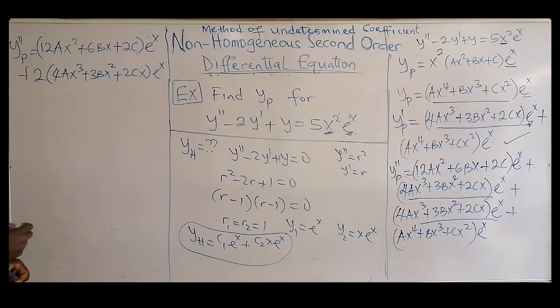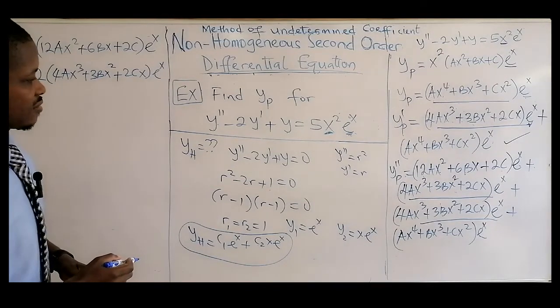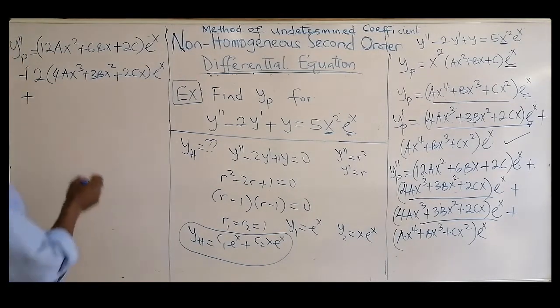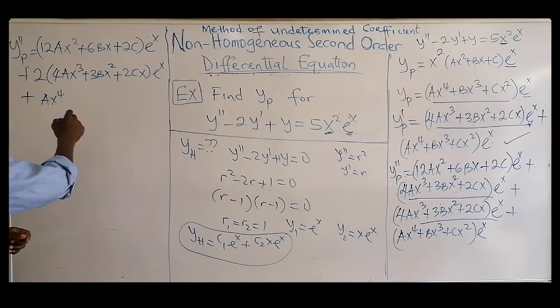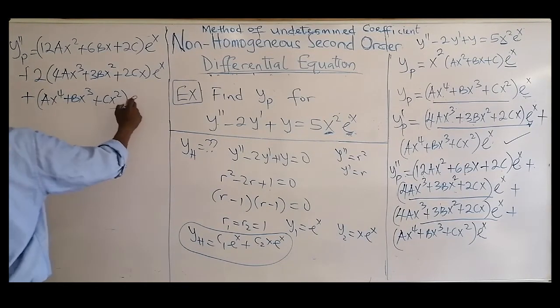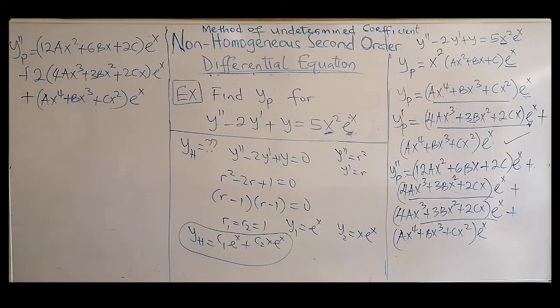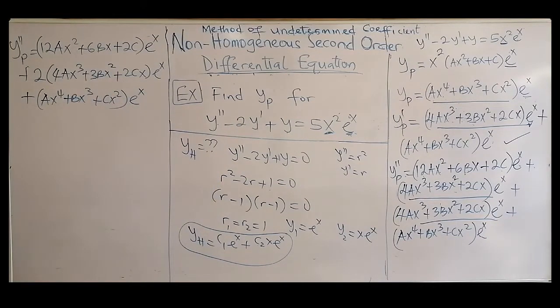Then plus the last one: plus ax⁴ plus bx³ plus cx², bracket this. So we have reduced the 4 items of the second differential to 3 items. So let's now go back here and substitute that into the given problem.